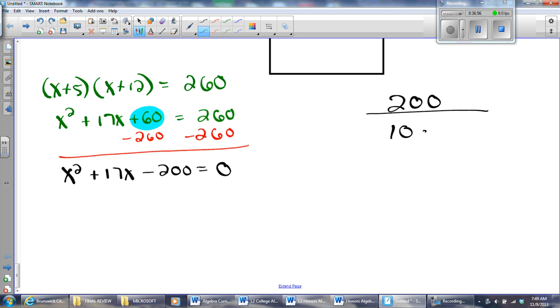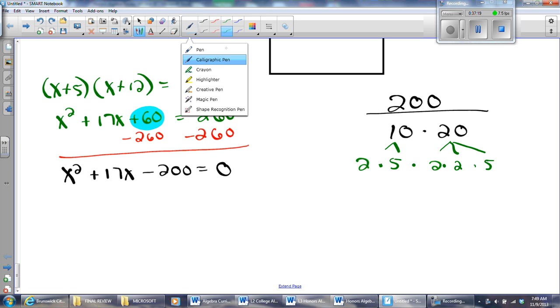I'm going to break 200 down to 20 times 10, and I'm going to break 10 down into 2 times 5, and then I'm going to break 20 down into 2 times 2 times 5. Okay, so I'm looking for a way to multiply, subtract, and get 17.